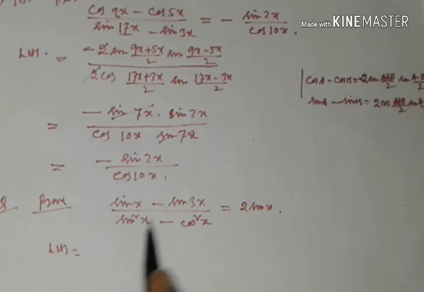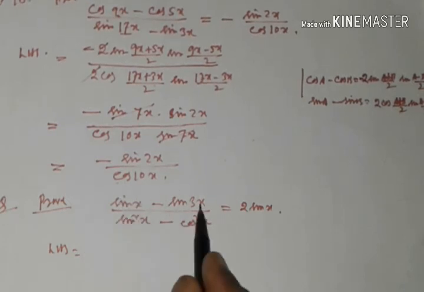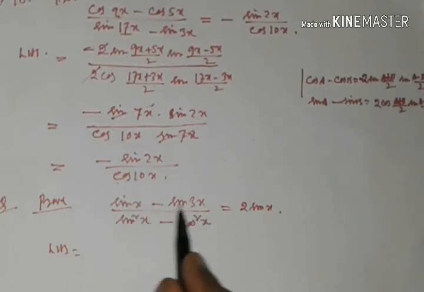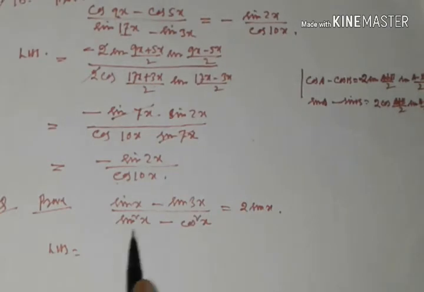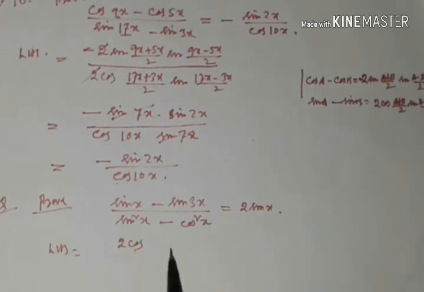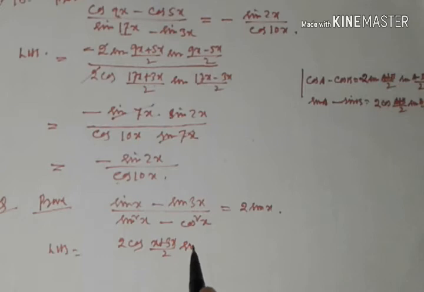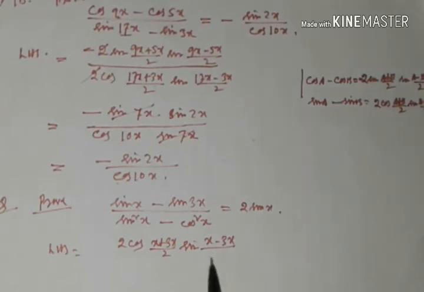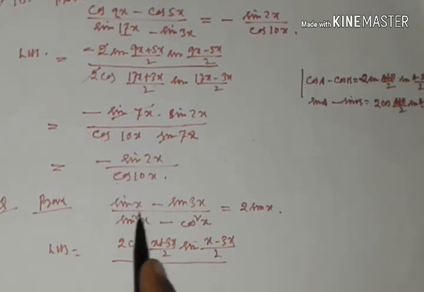In the LHS here also we can apply the formula sin A minus sin B, which is 2 cos (x plus 3x)/2 sin (x minus 3x)/2. But we cannot apply the formula in this way for the denominator.